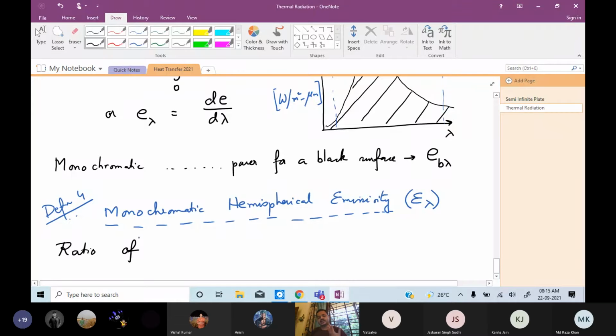It is the ratio of the monochromatic hemispherical emissive power at a given wavelength to that of a black body at the same temperature and wavelength.